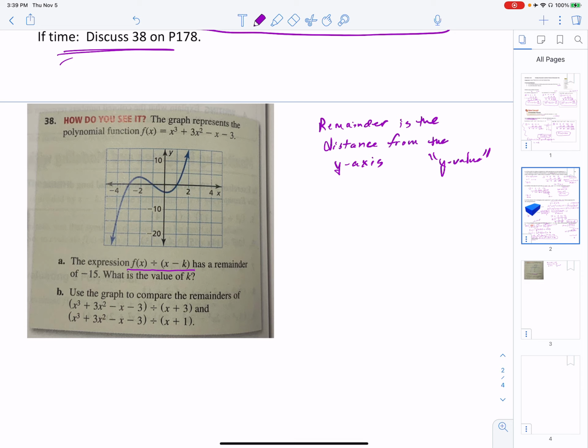So this is really saying, when y is negative 15, what is the x value? And right here is negative 15. So that is this point. So what is the x value? It is negative 4. So f of negative 4 is negative 15. And so when x is negative 4, you get a result of negative 15. So what is the value of k? It is negative 4.